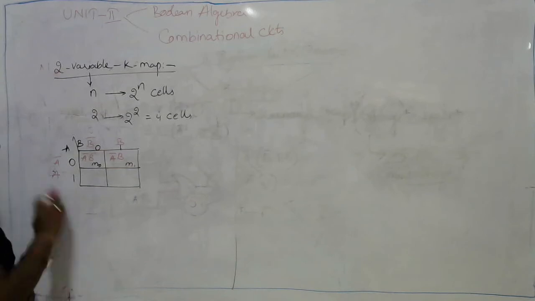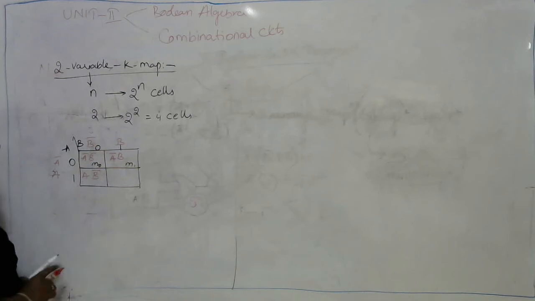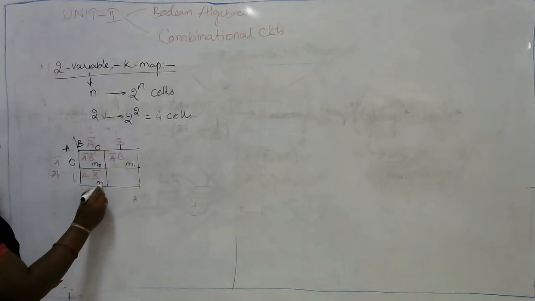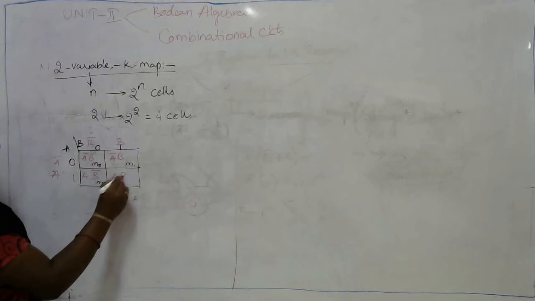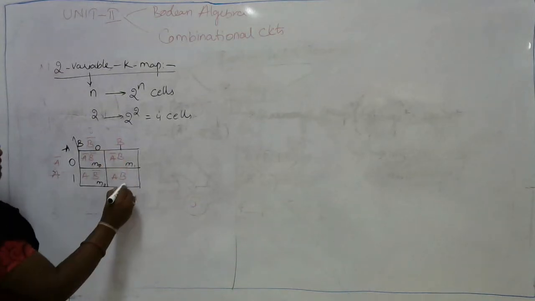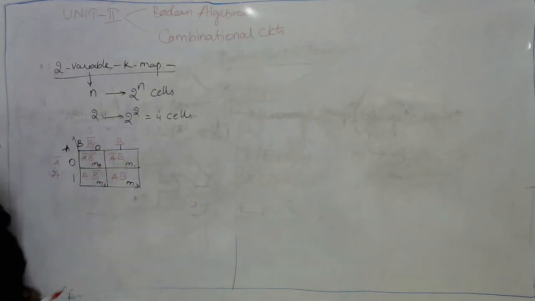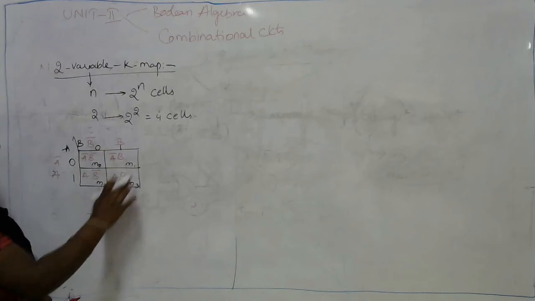The third one is A followed by B bar, 1 followed by 0, which is 2. This is the second min term. And the last cell is A B, 1 1, which in decimal is 3. So the min term is 3. This is how to draw the two variable K-map and plot the corresponding min terms.